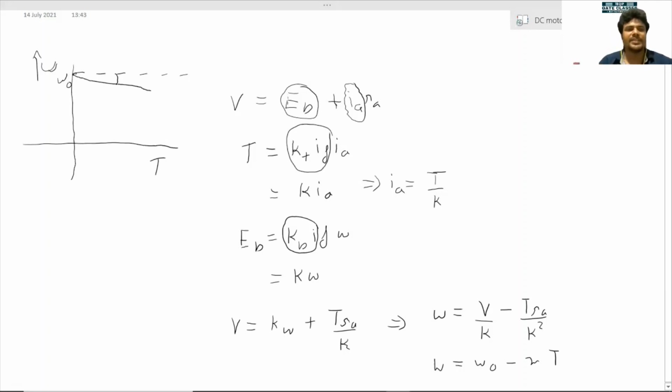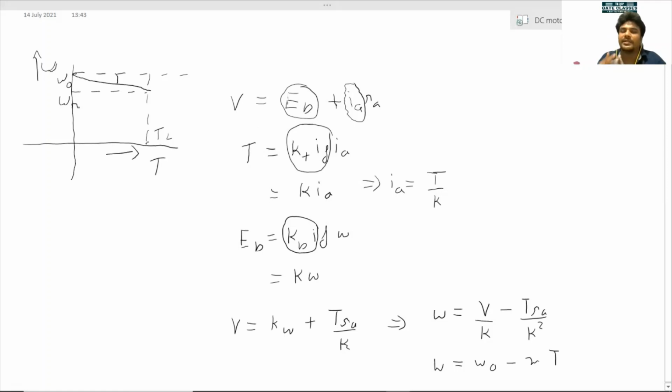So we can see as we go on increasing the torque, the omega is decreasing, and at rated torque, let us say TL, the omega will have a rated speed, the minimum speed of the DC motor. So this is the torque speed characteristic of a separately excited DC motor.